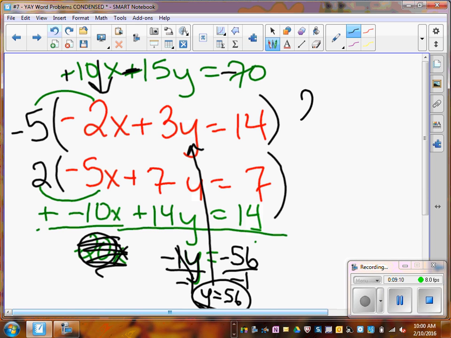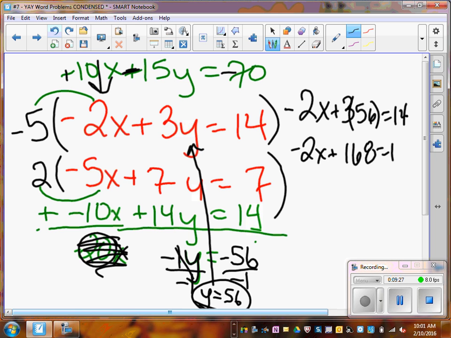So we get 2x negative x plus 3 times 56 equals 14. Let's see. 3 times 56 is 150 plus 18, 168. Equals 168 minus 14 would be 154.